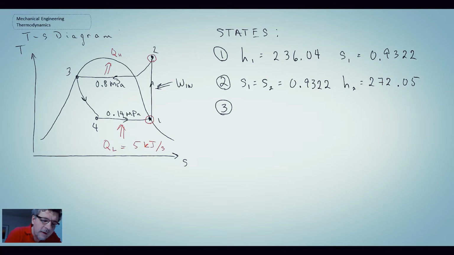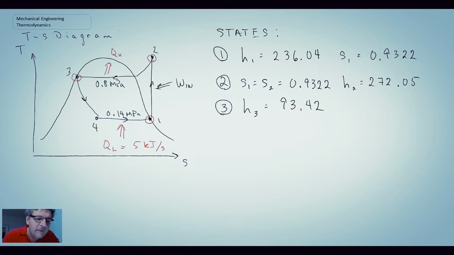In order to determine state 3, we go all the way over to the saturated liquid line, and we know the pressure is 0.8 MPa, so that's a pretty straightforward one. So that specifies state 3.